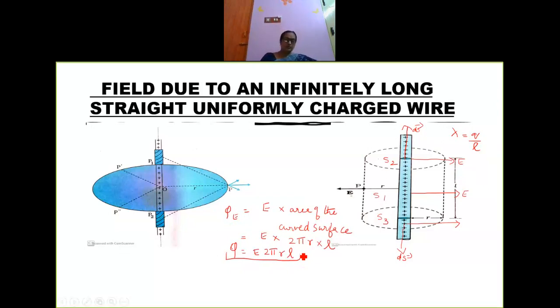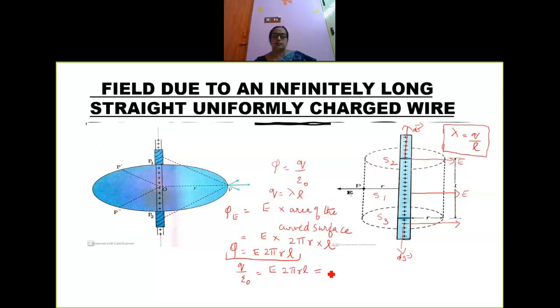Now I'm going to substitute the value of flux. So what is Gauss law? Again, Gauss law: flux equal to Q by epsilon naught, and I already know the value of Q as lambda into L from this formula, children. Lambda equal to Q by L, because it is a charged wire of linear charge density. So instead of phi, I am going to substitute Q by epsilon naught equal to E into 2 pi RL.